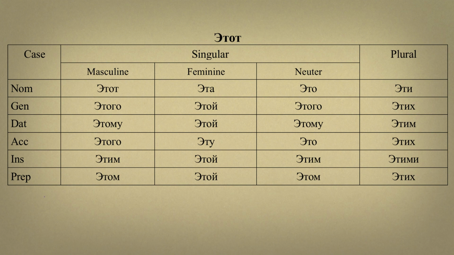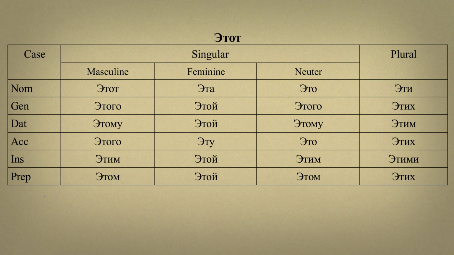Neuter gender это, этого, этому, это, этим, этом. And in plural form for all genders, the pronoun этот changes in the same way. Эти, этих, этим, этих, этими, этих.